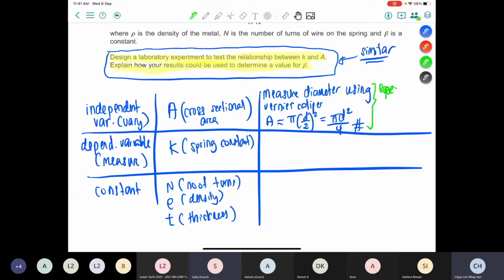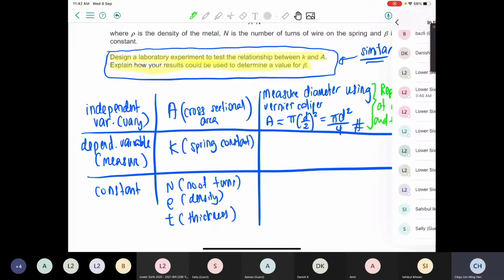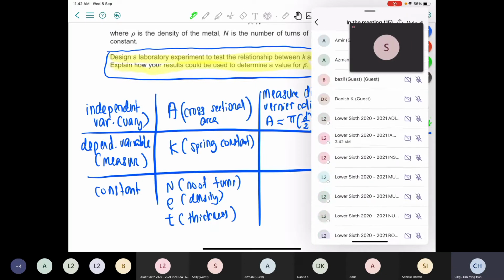Yeah, so maybe you can say repeat D at different direction, different orientation, or different position, and take the average. All right, so these are the things that you must be aware of. Thank you, Sally.